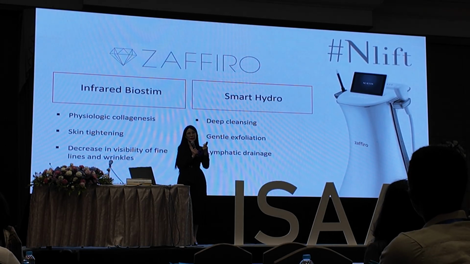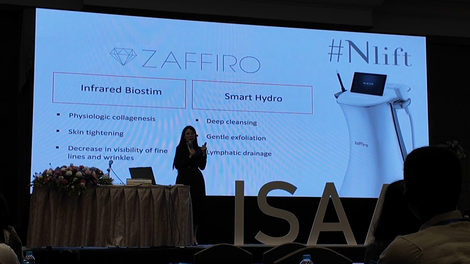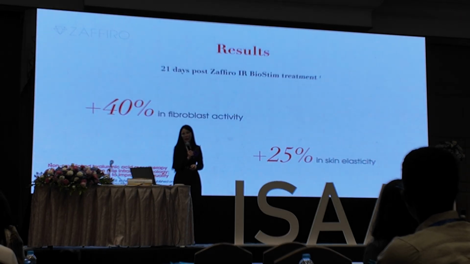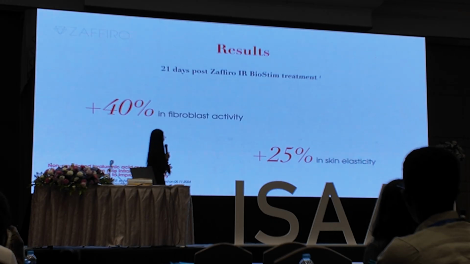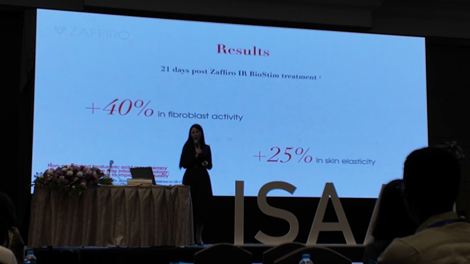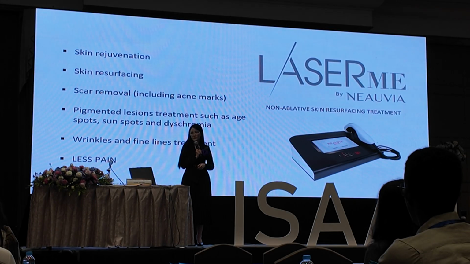The Smart Hydro is the deep cleansing, gentle exfoliation, and with the lymphatic drainage. The result after doing the Safiro infrared biostimulator treatment, it can increase 40% of the fibroblast activity and result in the increase in elasticity of 25%.